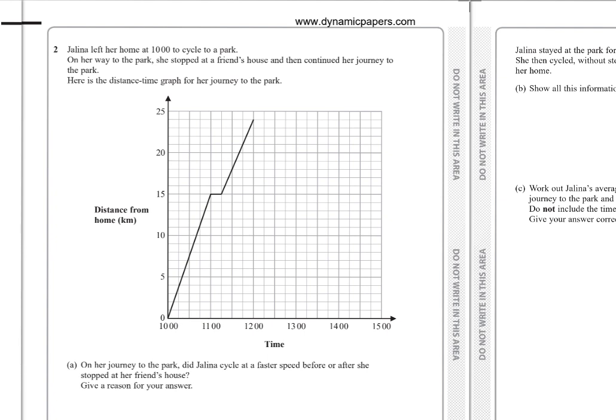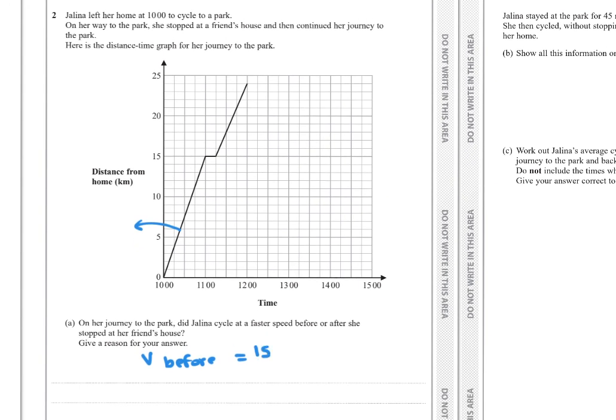So we can find the velocity before and the velocity after, then we compare between them. To find the velocity before, rise, which is 15, over run, which is 1. So 15 over 1. So the velocity before equals 15 over 1 equals 15 kilometers per hour.